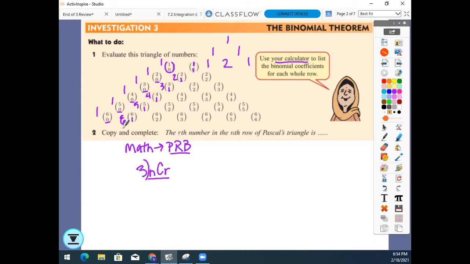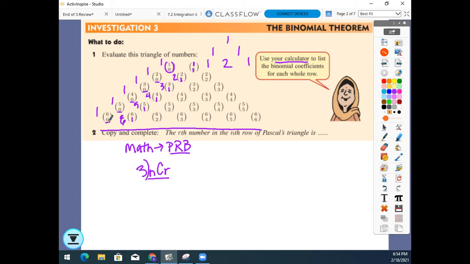Where it gets hard is in the middle here. So let's look at this middle row, the 6th row. I don't think you need to do every single one because you know what the triangle is. I want you to get good at the notation and using your calculator.